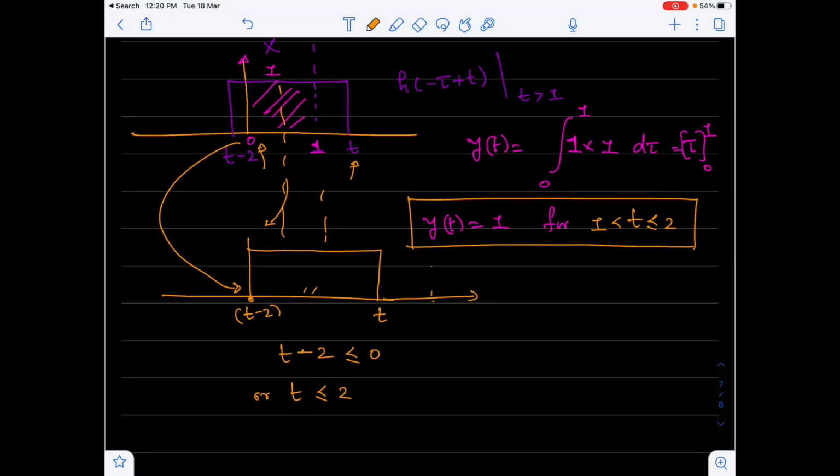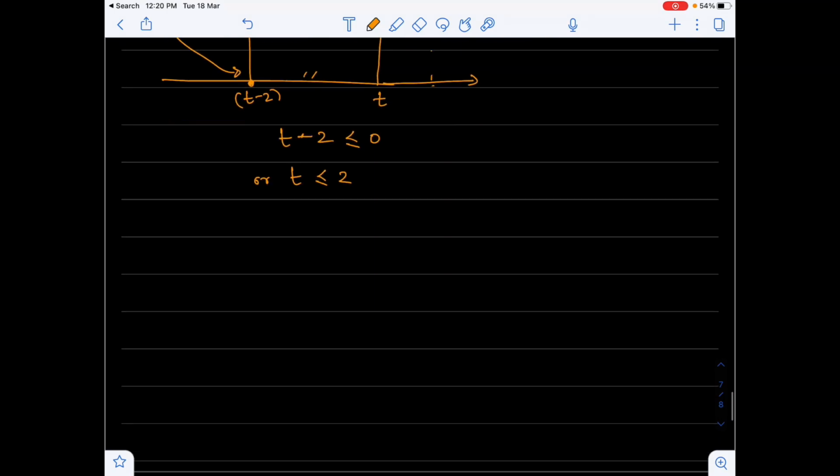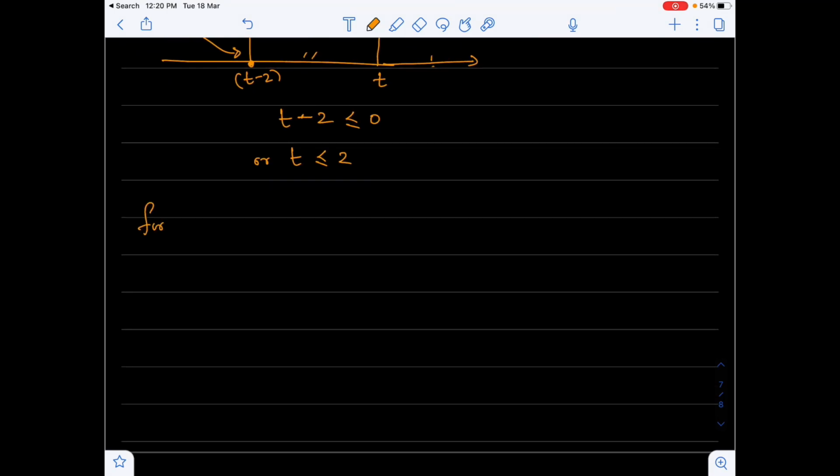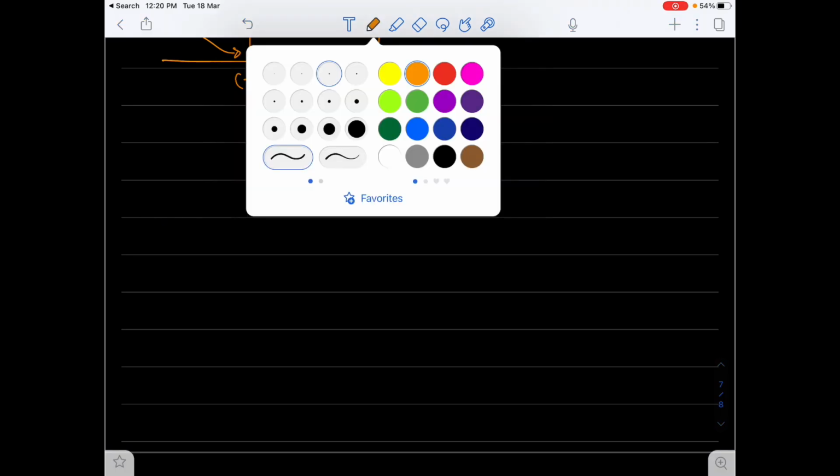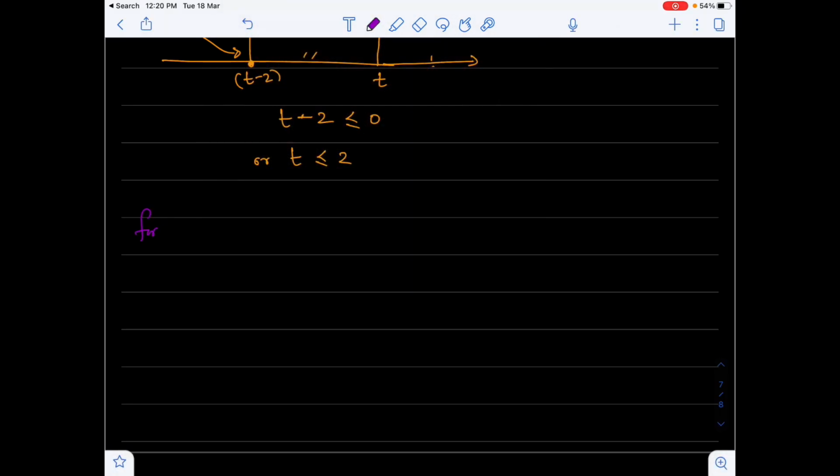That means when t minus 2 crosses 0, suppose it is now at 0 and it crosses 0, that means t minus 2 is greater than 0, or we can say that t is greater than 2.